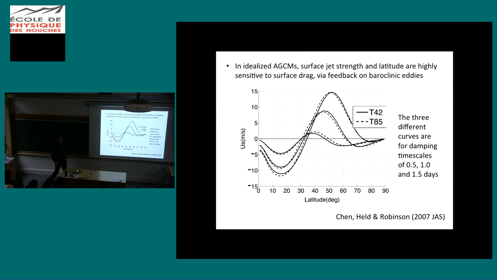In the lower latitudes, as you decrease damping, the winds just get stronger. Well, that's obvious and not too surprising. But in the higher latitudes, you see this poleward shift. So they analyzed this, and they found that the mechanism was that as you got stronger winds, the baroclinic eddies got faster phase speeds, and then when you apply the critical layer arguments, the faster phase speeds implied that the braking should occur more poleward, and that would give you this poleward shift of the jet.